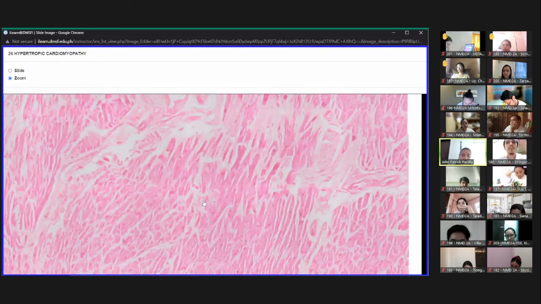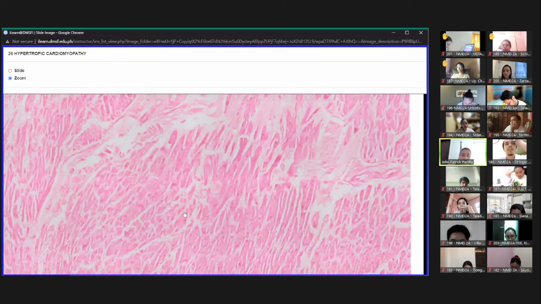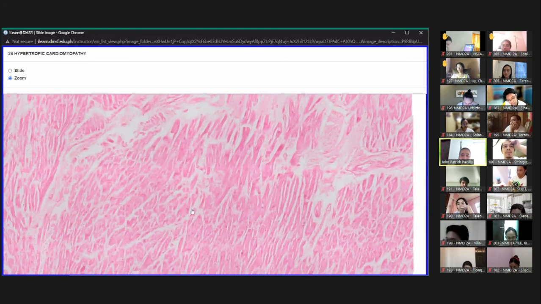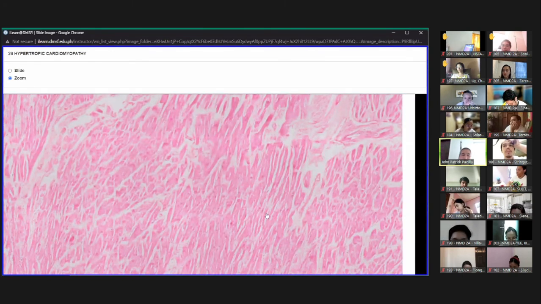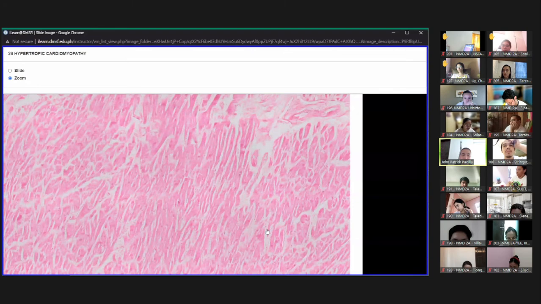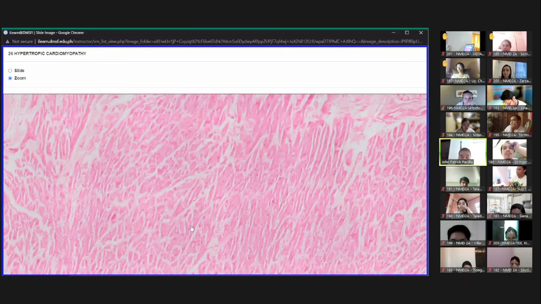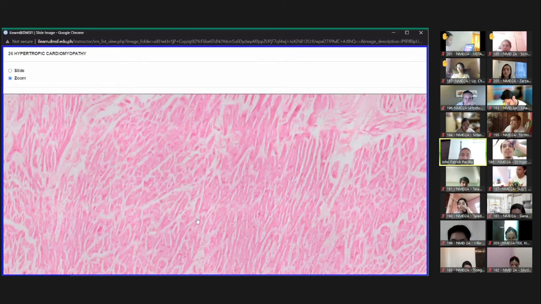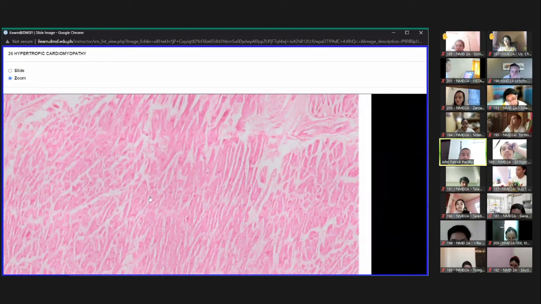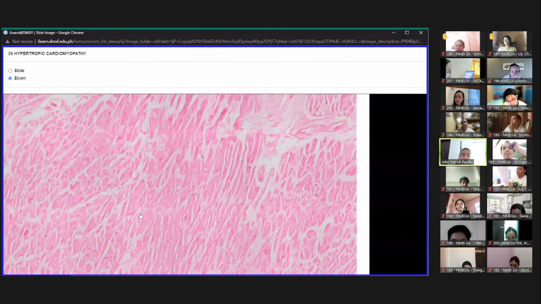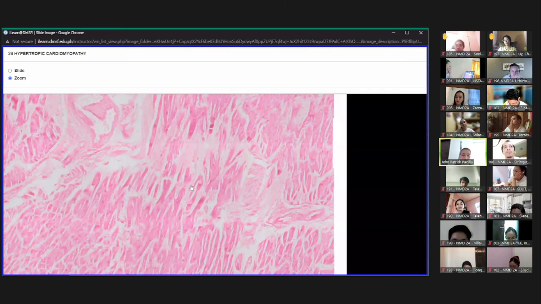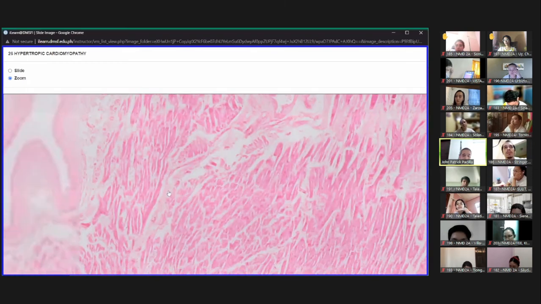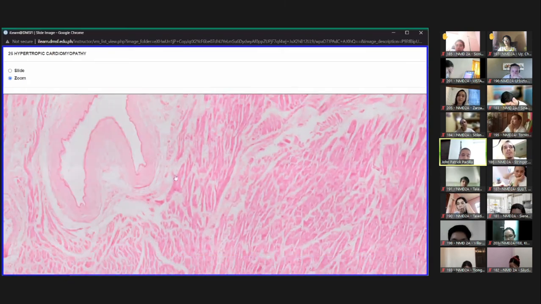Here you see the arrangement of the cardiac myocytes, and there is a myocardial disarray. That is very important when you are looking at the slide for hypertrophic cardiomyopathy. So there would be irregular or haphazard formation of the cardiac myocytes.